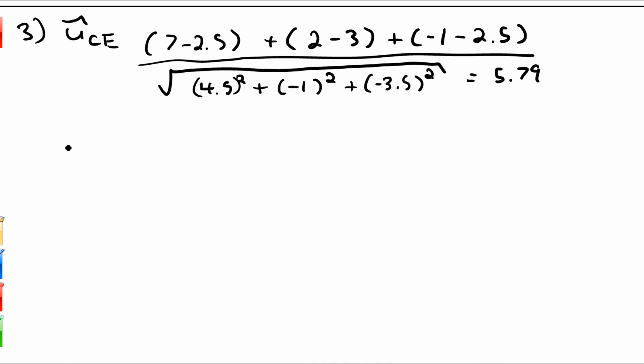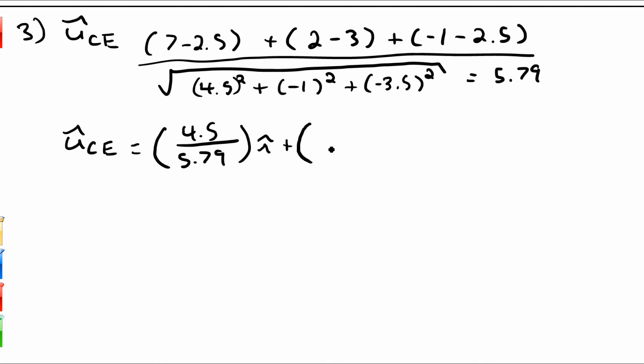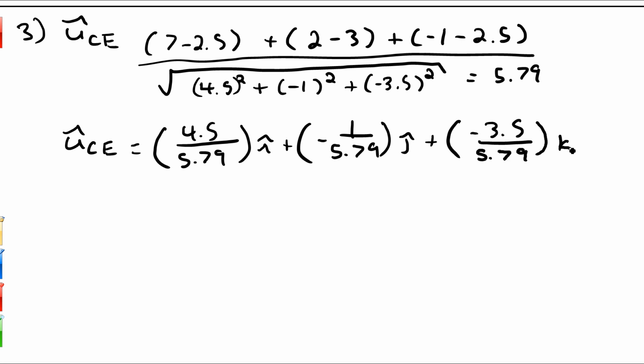So our U hat CE is going to be equal to 4.5 divided by 5.79 in the I direction, plus a negative 1 over 5.79 in the J direction, plus a negative 3.5 divided by 5.79 in the K direction.